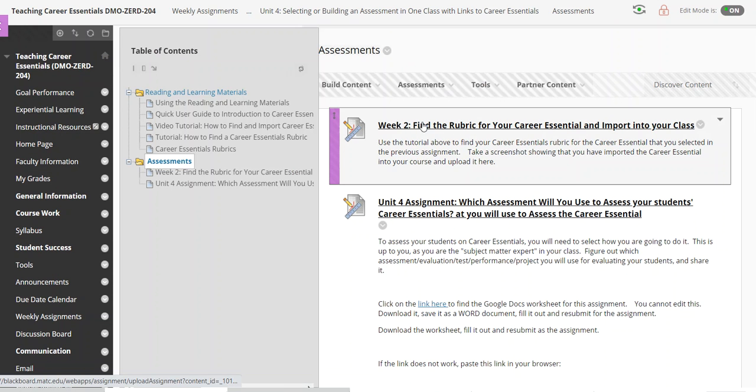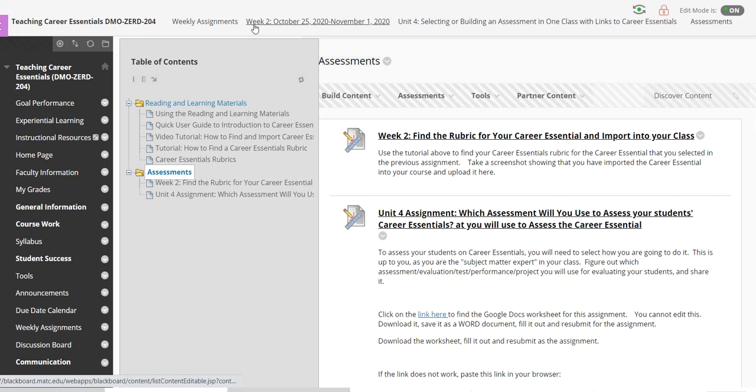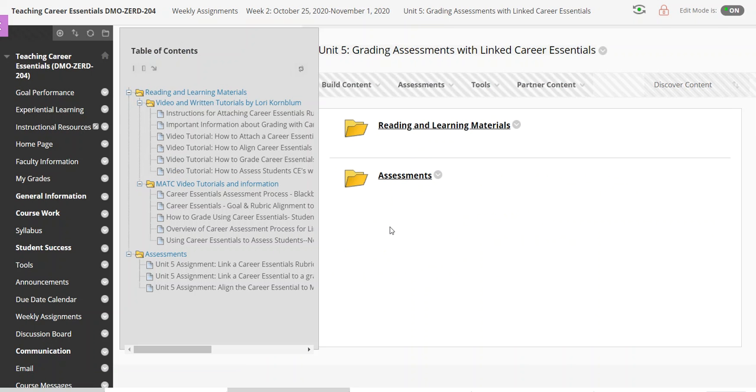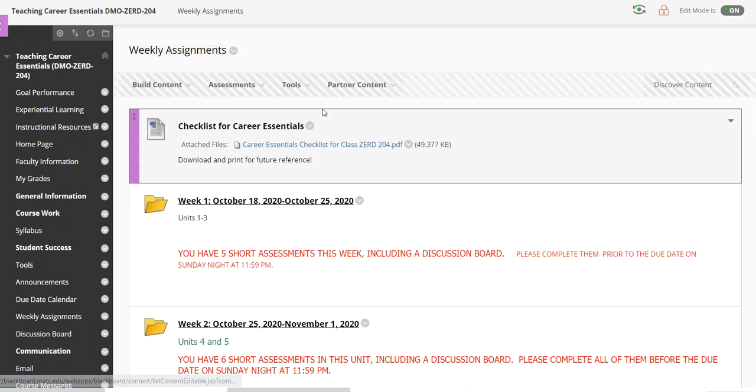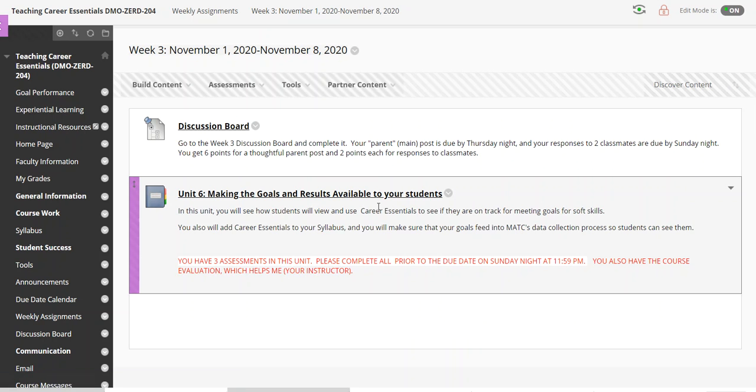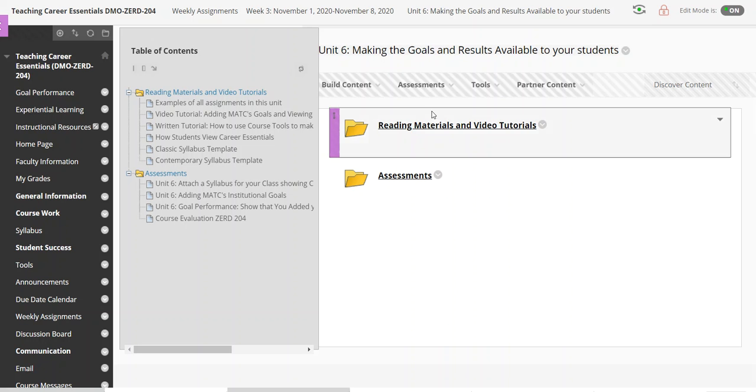We have assessments for unit 4, and then we have assessments for unit 5, grading assessments with linked career essentials. And then we have some assessments in week 3. We have unit 6. You'll have reading materials and assessments for unit 6.